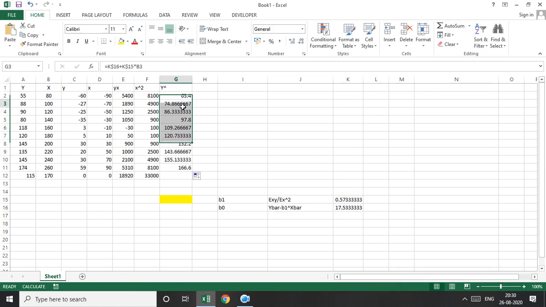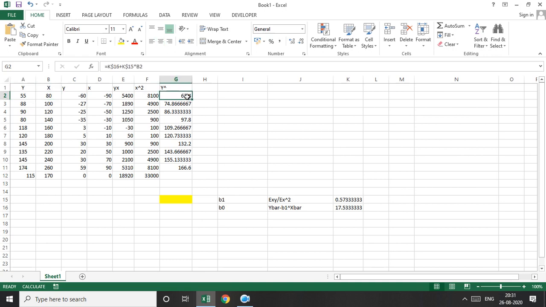What does it mean? It means that for this person, his income was 55 and his consumption was 55, but when we estimate the regression model we have got 63. But you have to remember that in a regression model we are always measuring the average consumption for a group of people, so we will not consider the individual estimates.